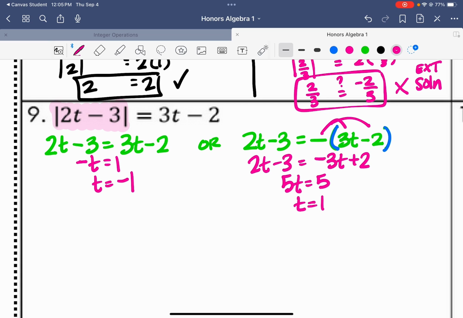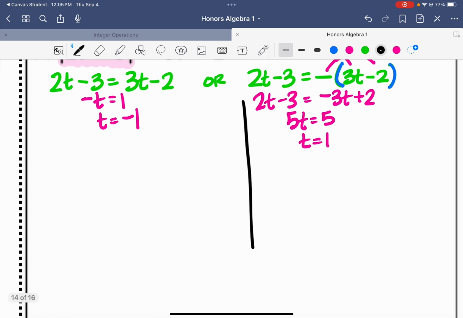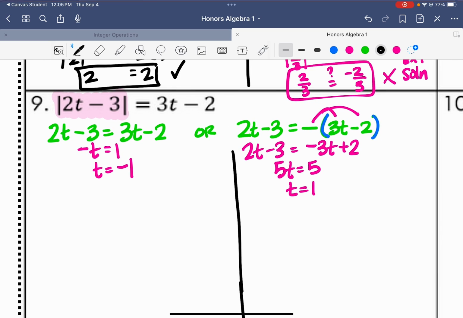So this one's going to be a little bit easier to check. Okay? But we need to check them because I've got variable expressions on both sides. So we're going to do our check. Now remember, you check into the original absolute value equation. So we're going to check t equals negative 1.